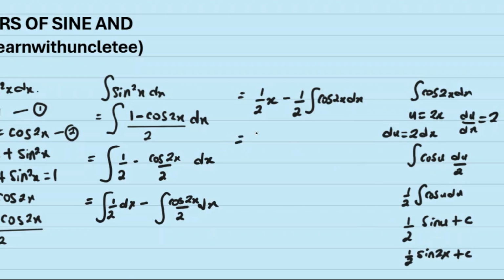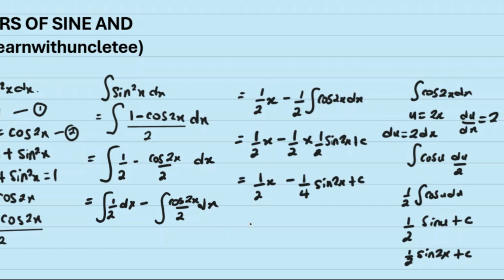So this 1 over 2x minus 1 over 2 times 1 over 2 sine 2x plus c. So essentially this will give us 1 over 2x minus 1 over 4 sine 2x plus c. Which basically is x divided by 2 minus sine 2x divided by 4 plus an arbitrary constant c.